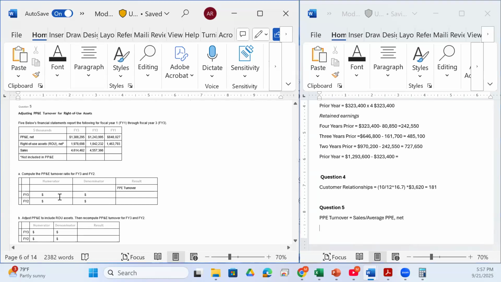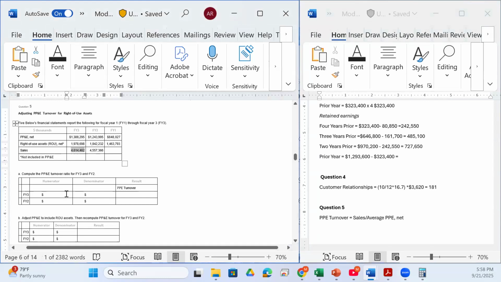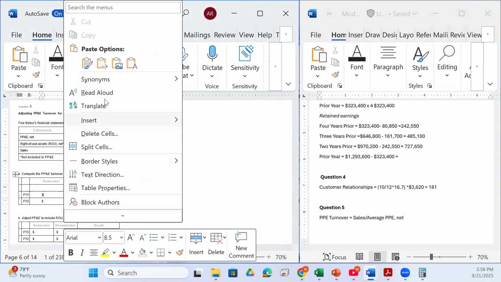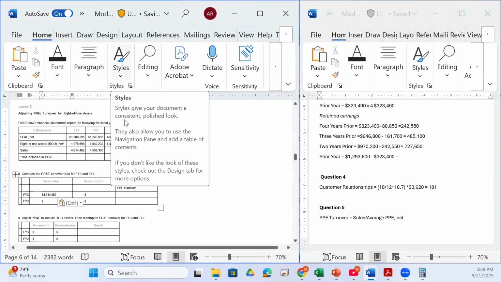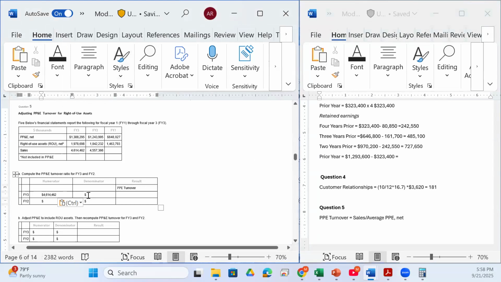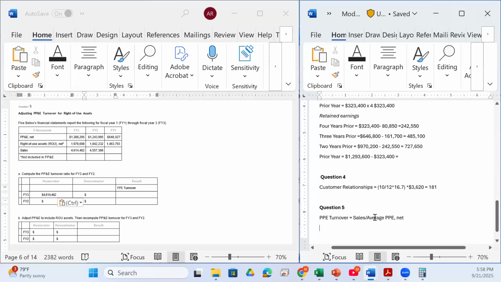In fiscal year 3, our sales amount is this, and then our denominator is average property, plant, and equipment net.